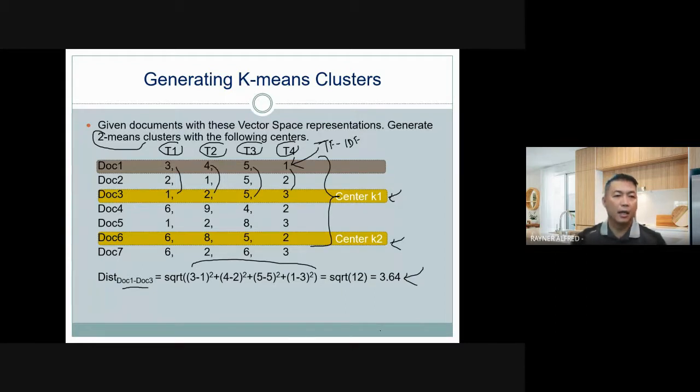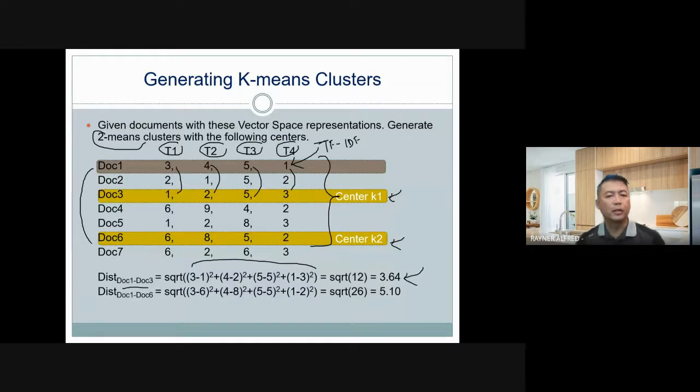Okay, now we want to do the same for document 1 and document 6. We do it because document 3 and document 6 are the centers of the clusters. So we only compare these two. Okay, so we perform again. What is the distance between document 1 and 6? We take the differences, square those numbers, add them up, and take the square root, and then we get this.